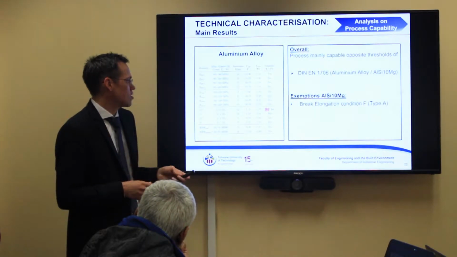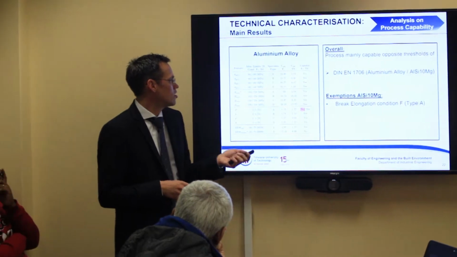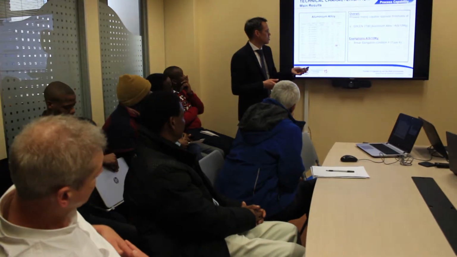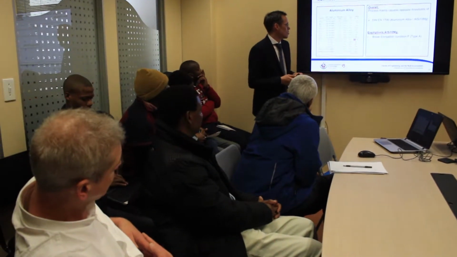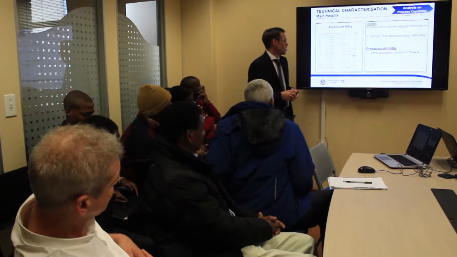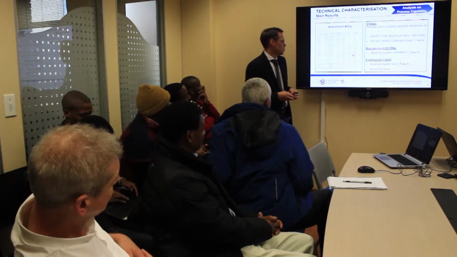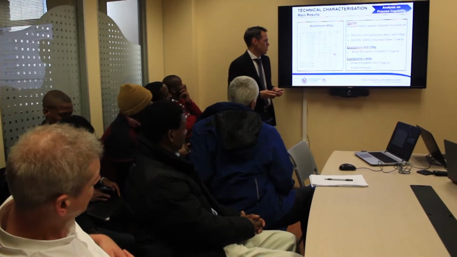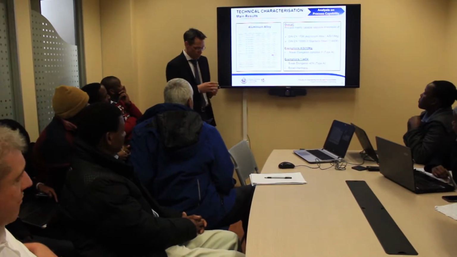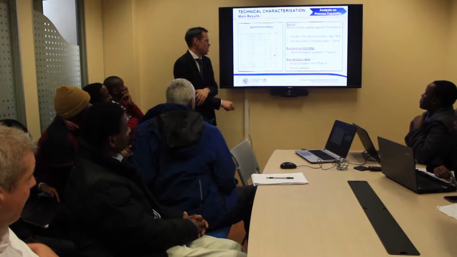It was found that the process is not capable for the feature of break elongation in condition F, which is basically not heat treated. And for stainless steel, it was also found that there are capability restrictions in terms of 40% break elongation and Brinell hardness.